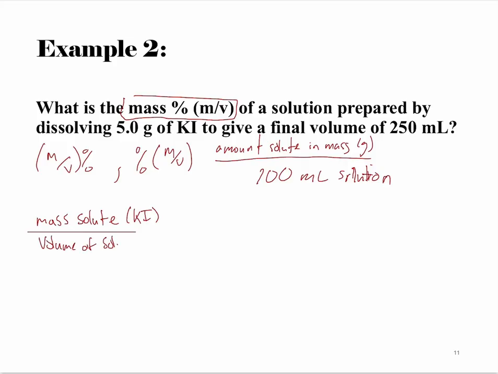What's our volume of solution? 250 milliliters. So this will be 5.0 grams divided by 250 milliliters. And this gives us the percentage in decimal form of the mass per unit volume in the solution. So if you do this, you get 1 over 50. So this will be like 0.02.